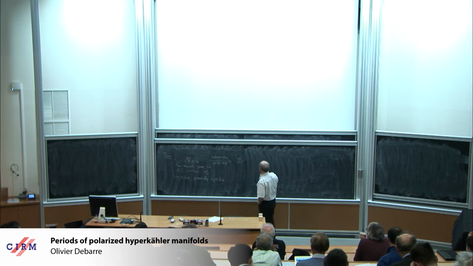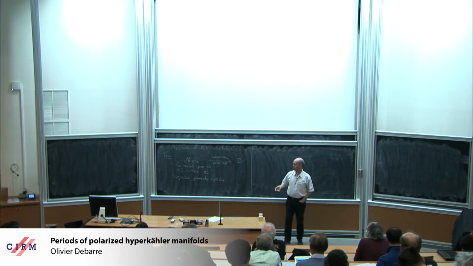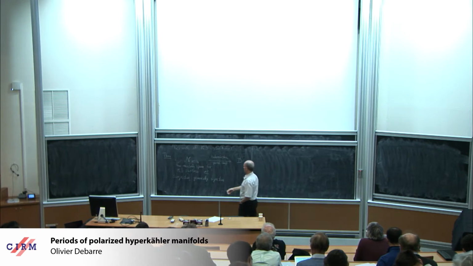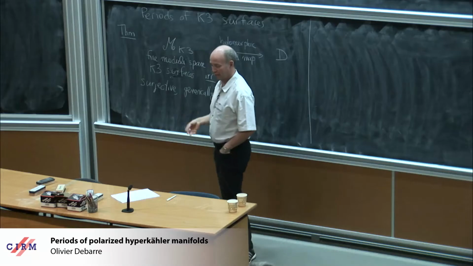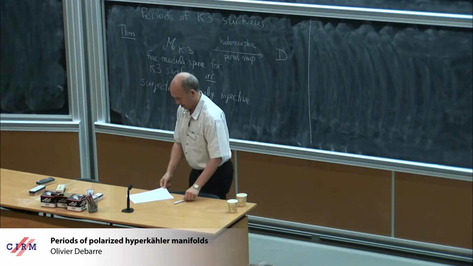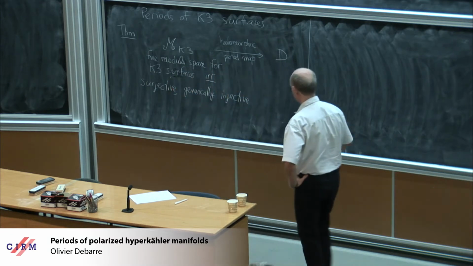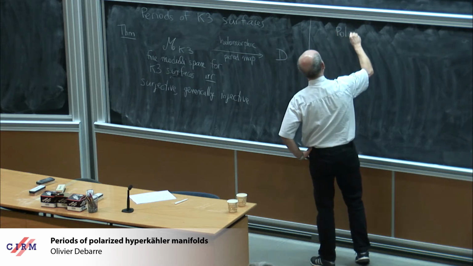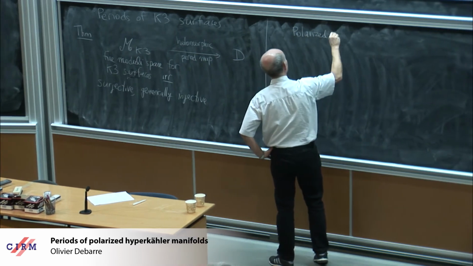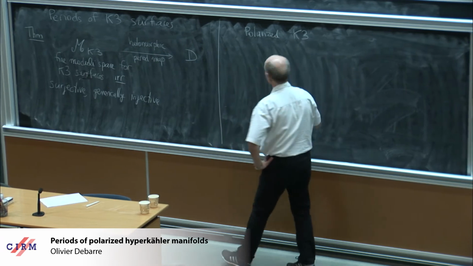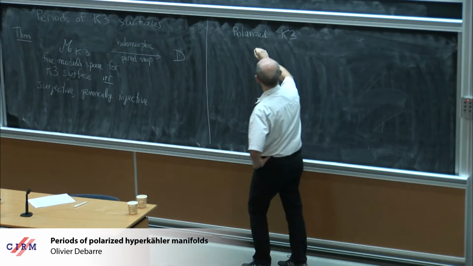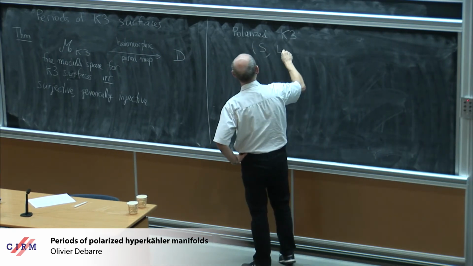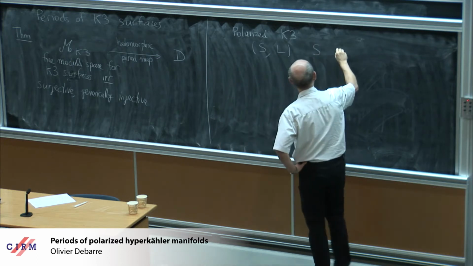So there are two ways to improve that. To make this picture a little bit better, we don't like so much this non-separated space here and the fact that the map is not really injective. So one way to fix that is to look at polarized K3 surfaces. Okay, so this will consist of pairs (S, L), where S is a K3 surface.